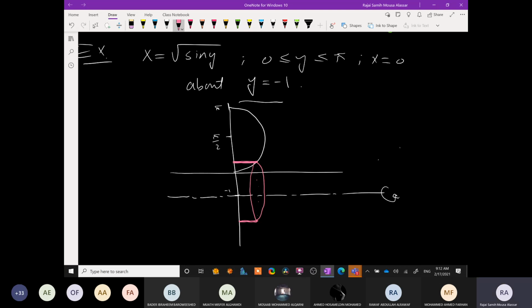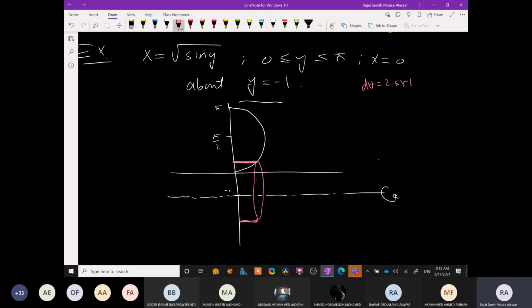Okay, let me make my graph smaller. Anyway, this is not important now. Okay, here. This is your shell. You agree? So what is the formula?